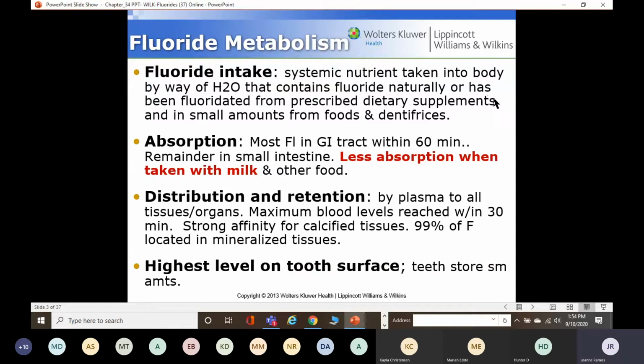So fluoride intake and metabolism: it's a systemic nutrient taken into the body by water that contains fluoride naturally or has been fluoridated, from dietary supplements, and in small amounts from foods and toothpaste, mouthwashes, etc. So we have a lot of different ways to take up the fluorides. In our water system, we have fluoride naturally.